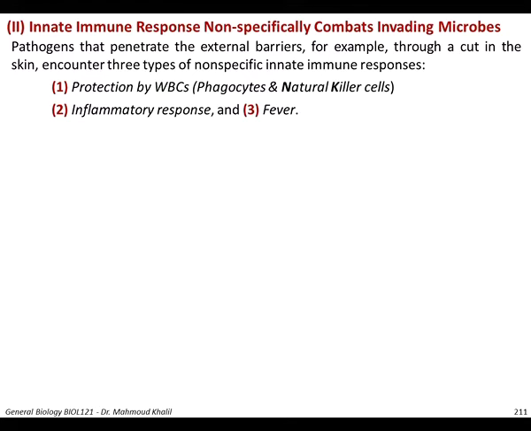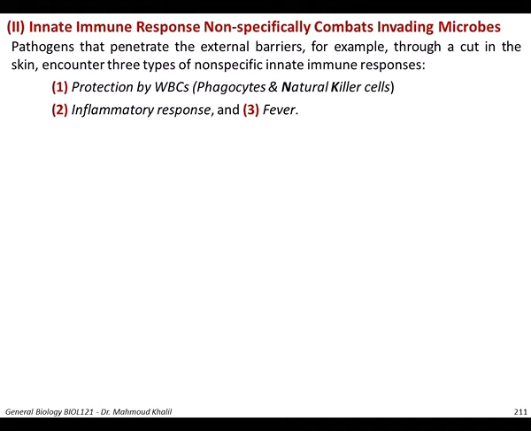So now we'll talk about the second barrier, which is the innate barrier, which is the built-in barrier, the barrier that you're born with, okay? So pathogens can penetrate these anatomic barriers once compromised, for example, through a cut in the skin, which will lead to the entrance of a lot of pathogens.